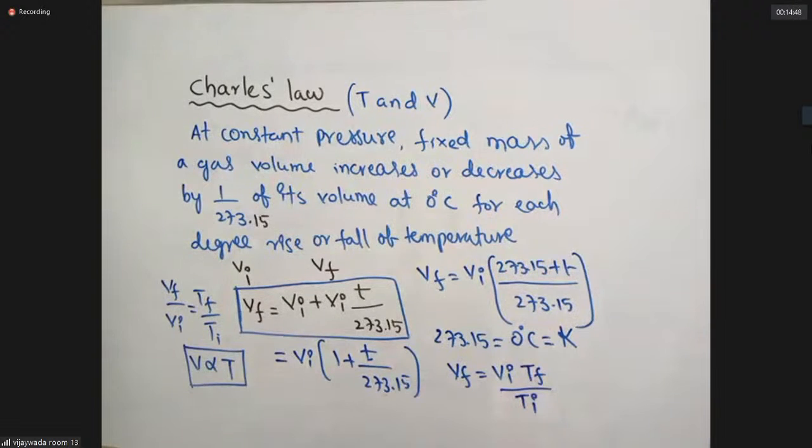273.15 he considered as a new scale, that is T initial. By adding Celsius to 273.15, that is, if you add 1 degree, that is 274.15 in the Kelvin scale. Finally, we can say volume is directly proportional to temperature.